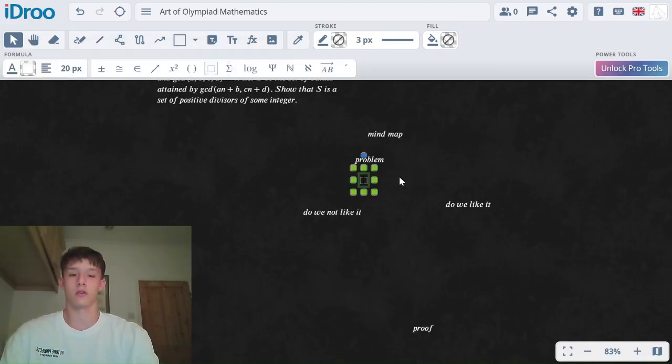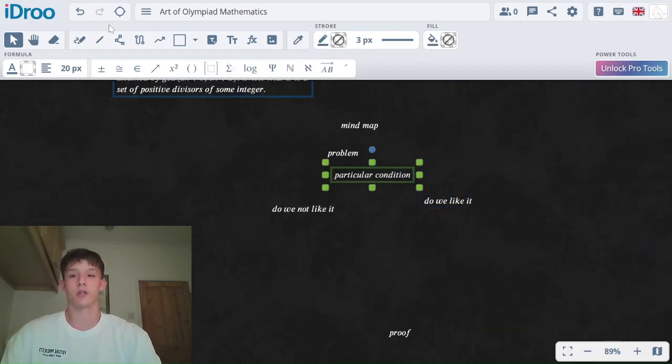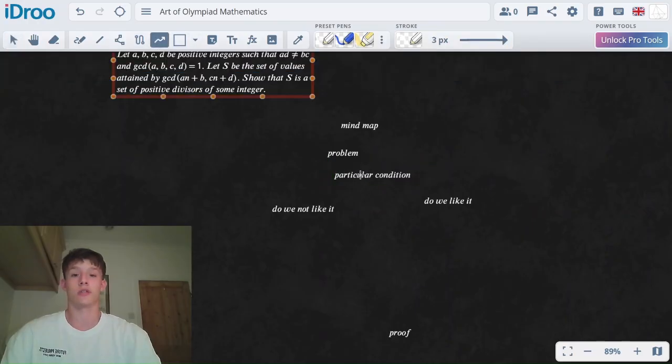So we take a look at a particular condition. For example, here it's that gcd of a, b, c, d is equal to 1, or a condition can also be that S is the set of values obtained by gcd of an plus b and cn plus d. And then we ask ourselves a question: do we like this condition? Can we use it in a good way? Or do we not like it? And we then have a couple of options.